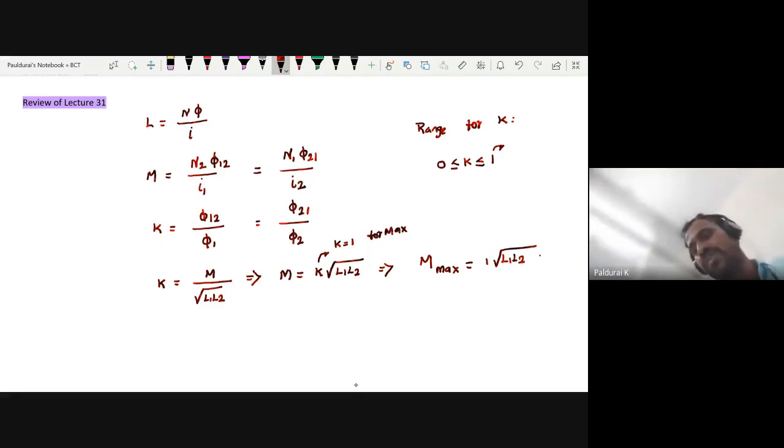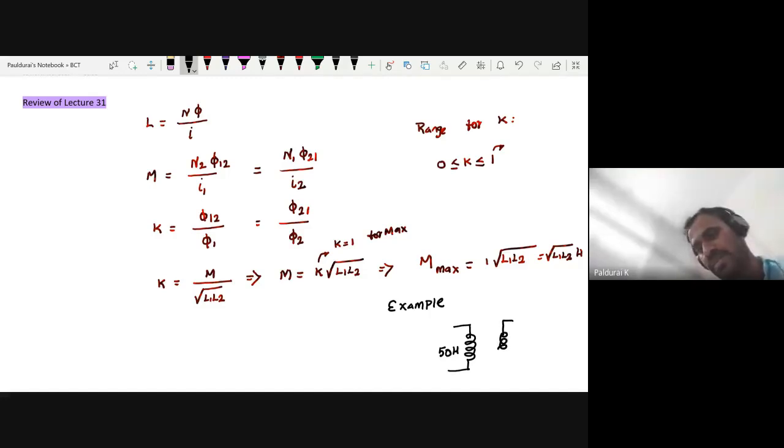It is a very interesting formula. Take one example so you can understand in a better way. Take this coupled coil, I have two coils. One is 50 Henry and the other is 2 Henry.